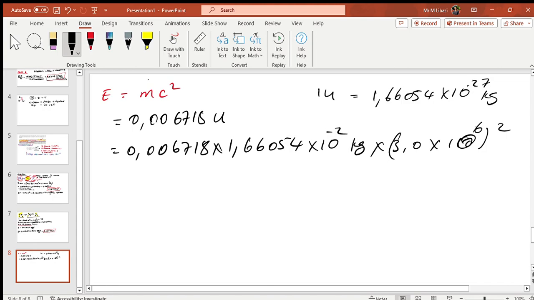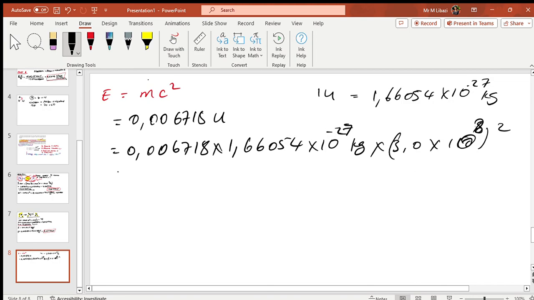So let me see what's going to happen. 0.006718 times 1.66054 times 10 to the minus 27, and then multiply by 3 times 10 raised to 8, all squared.